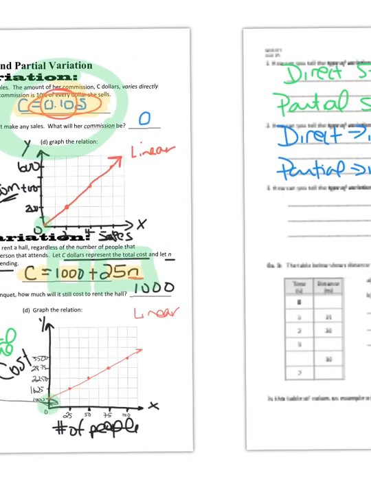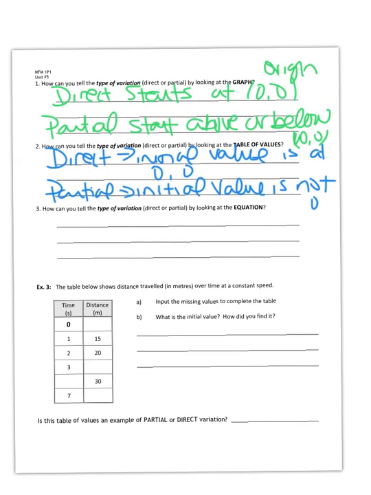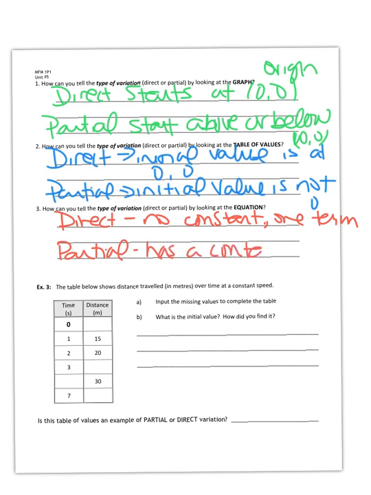So we can write over here that our equation for direct has no constant, only one term. And then partial has a constant or 2 terms. Okay?